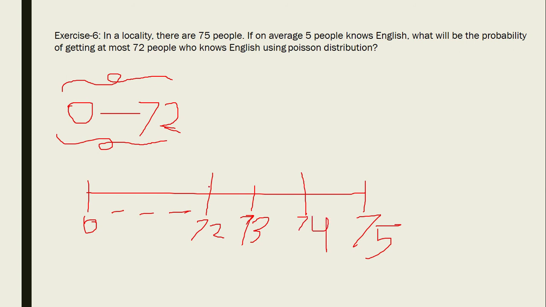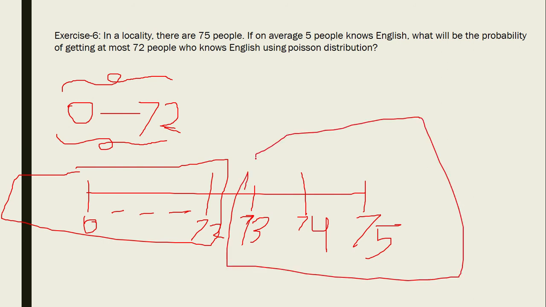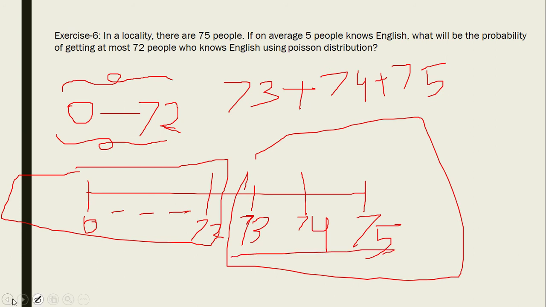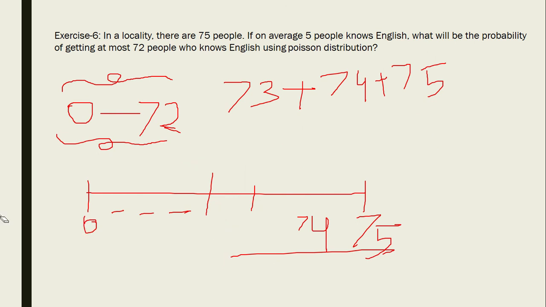Now we are asked to find the probability of getting this part, but calculating this big range is difficult. But what we can do is calculate 73, 74, and 75. So calculate the summation of the probability of these three, and then we'll subtract it, because this was the unexpected part, right? This was the complement.